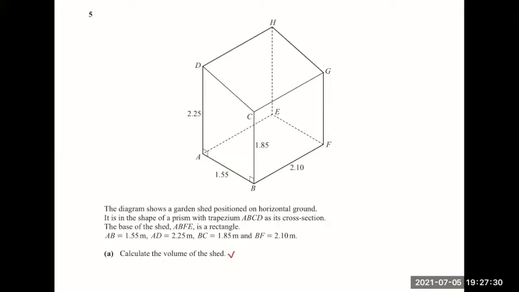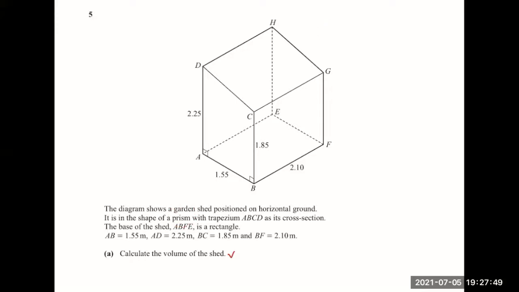Can someone tell me what shape this is? What shape am I talking about when I want to find the volume of the prism? It says it's a prism. Why am I asking you that then?